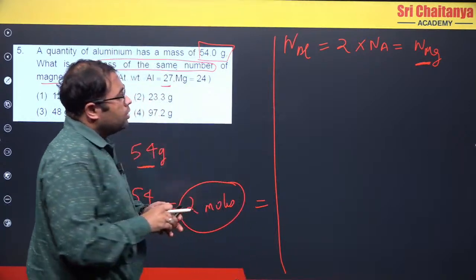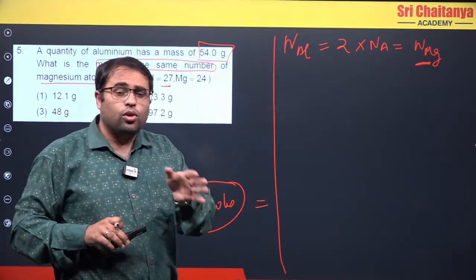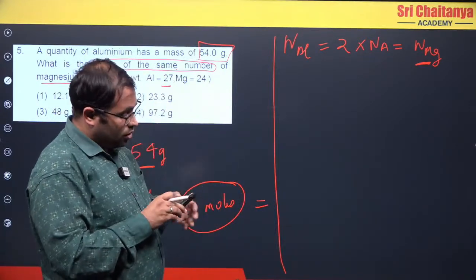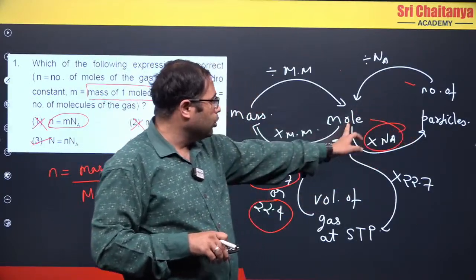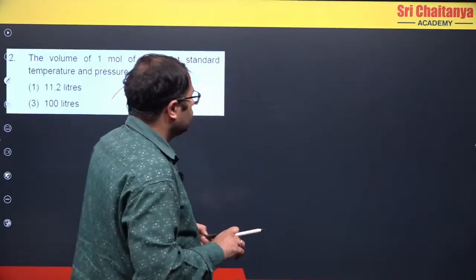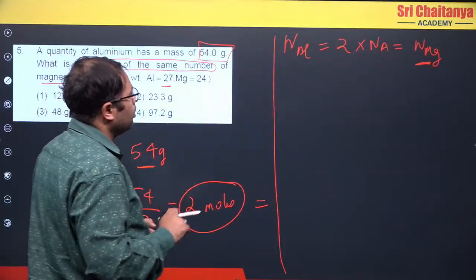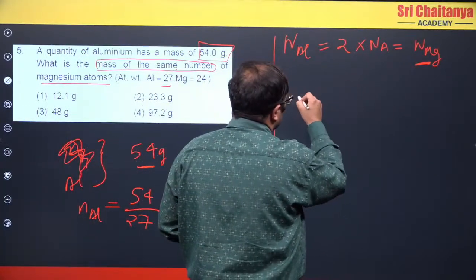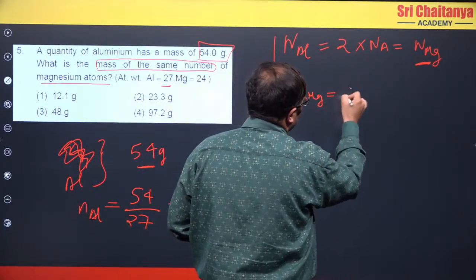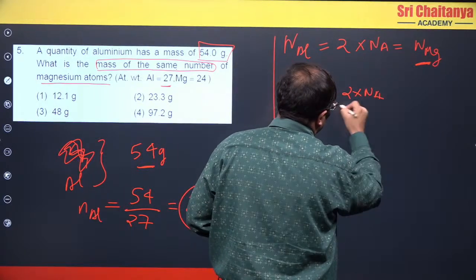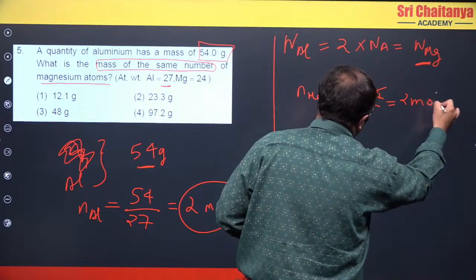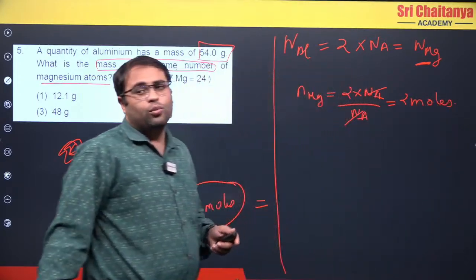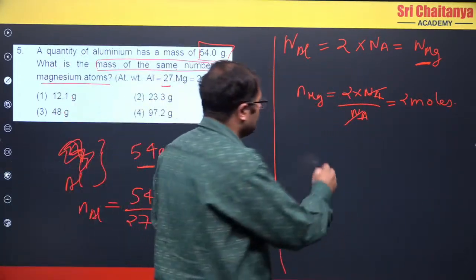So from number of atoms, now you are going to moles, right? What are we going to do for that? Number of atoms, you divide by Na. So moles of magnesium comes out to be 2 into Na by Na, 2 moles. After you have that, now you have to move from moles to mass, right?